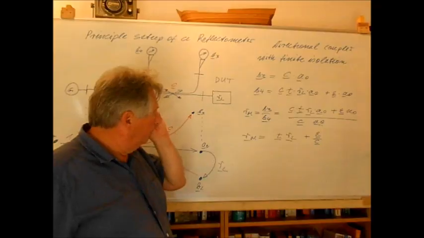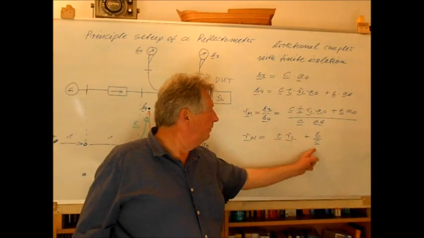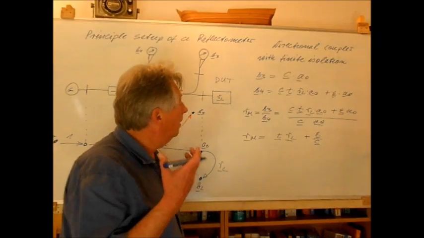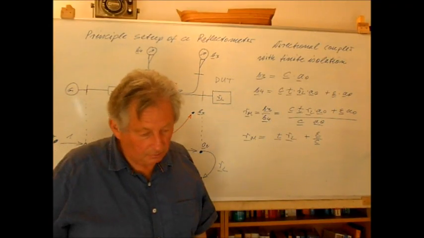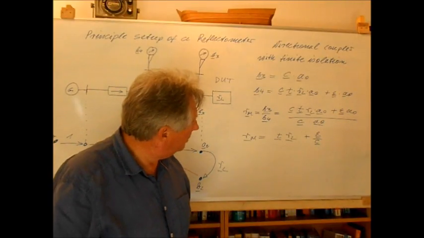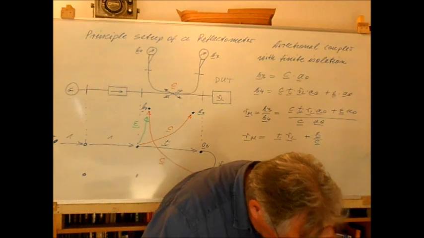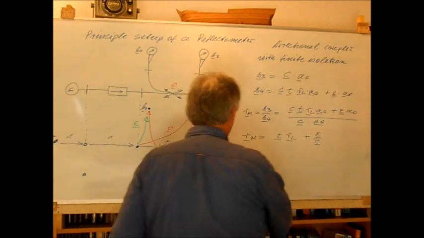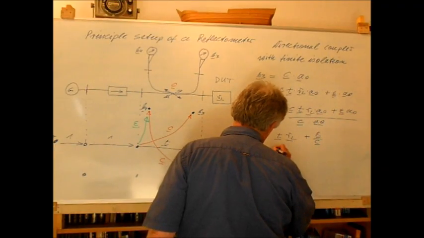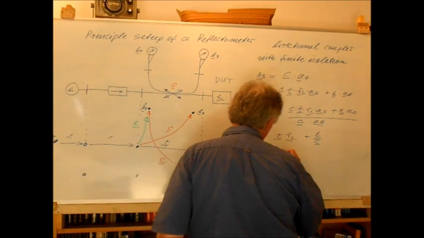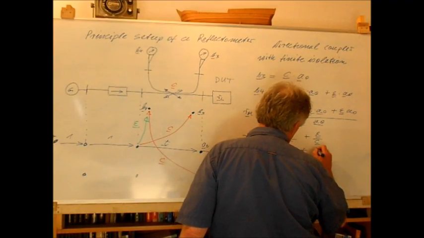And normally this ratio will determine the lowest absolute value of reflection coefficient which can be measured, and this is normally denoted as the directivity of our DC.